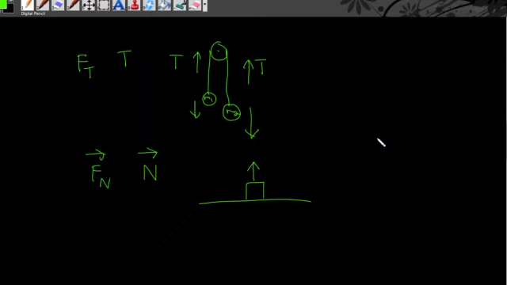In a way, it's sort of the opposite of tension, because tension resists being stretched, whereas normal force resists compression. And as I said earlier, it's perpendicular to the surface. So if you're on a ramp, the normal force that the ramp exerts on you goes this way, perpendicular to the surface of the ramp. So any force that resists compression is normal force.